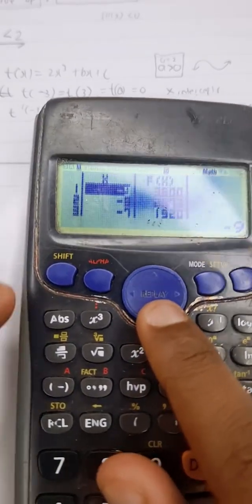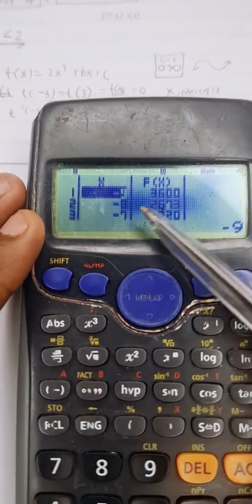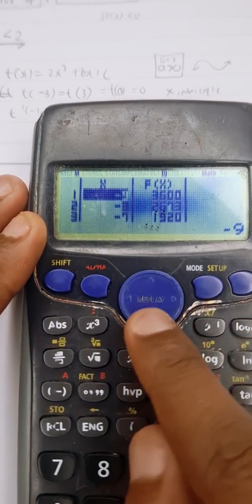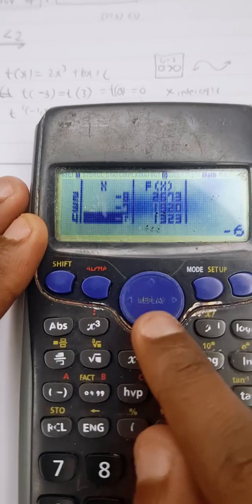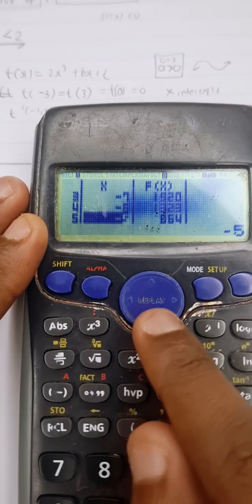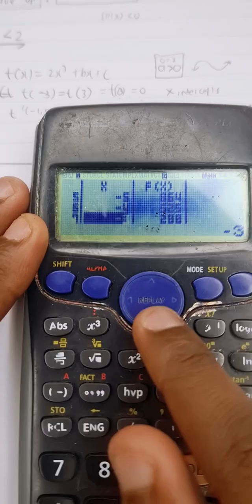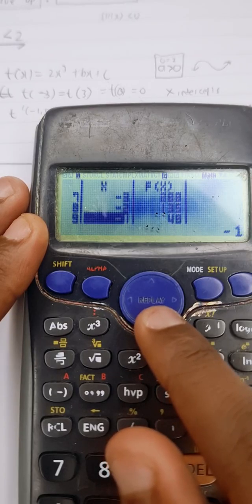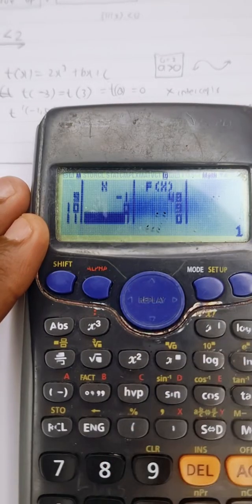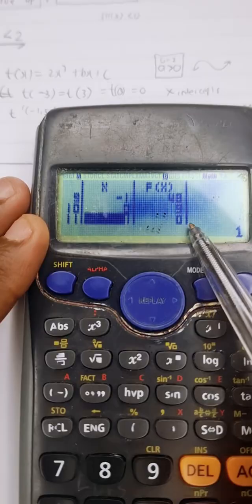Negative 9 doesn't, negative 8 doesn't, negative 7 doesn't at all. Negative 6 does nothing. Negative 5, no. Negative 4, no. Negative 3, nope. Negative 2 does nothing. Negative 1, 0, 1. Ooh, we have 1 doing something.